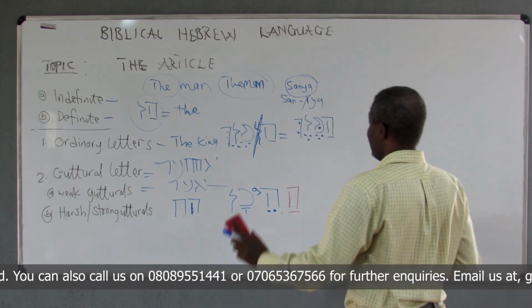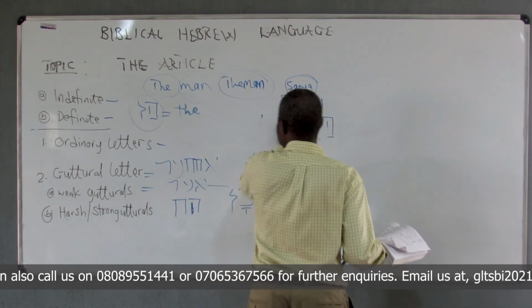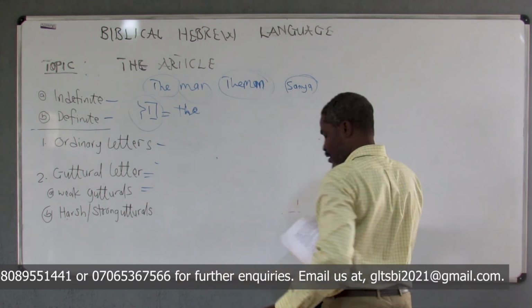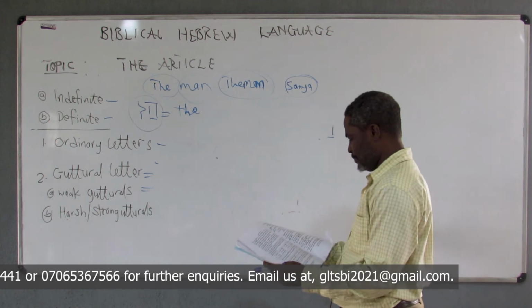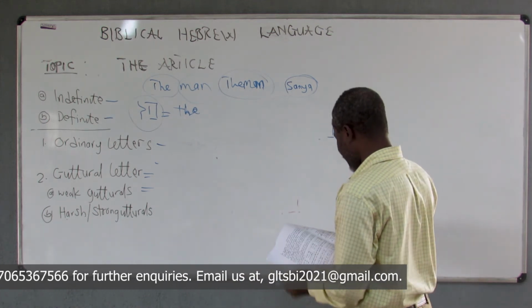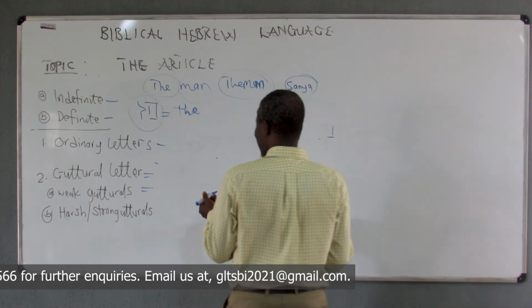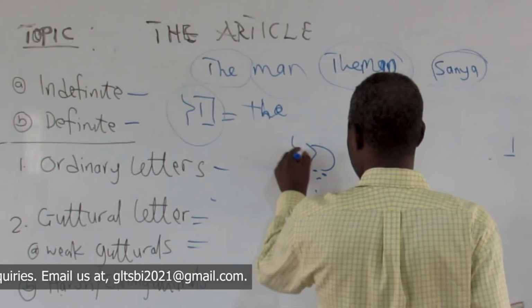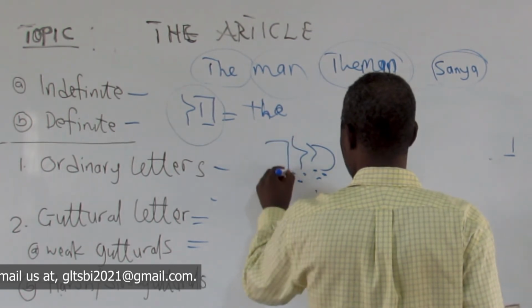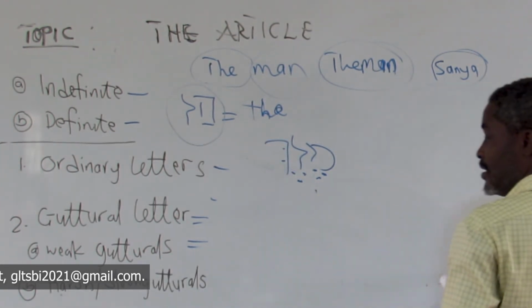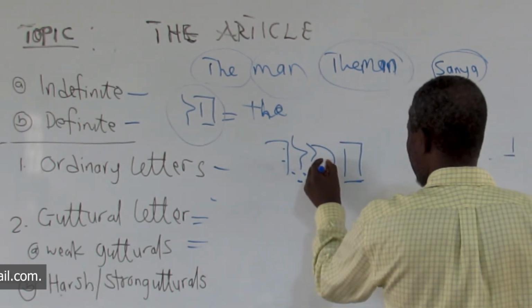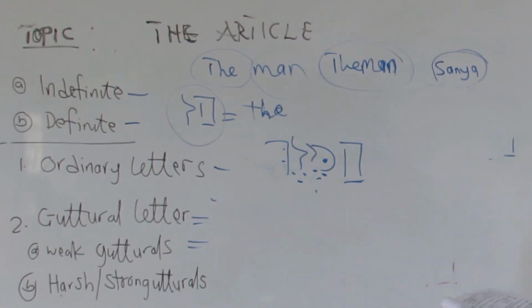So let me just briefly write out what we are saying here once more for you to understand. Let me repeat the principles all over. In summary, when you have an ordinary letter like king, melekh, the king becomes ha-melekh, with a dagesh forte in the mem.